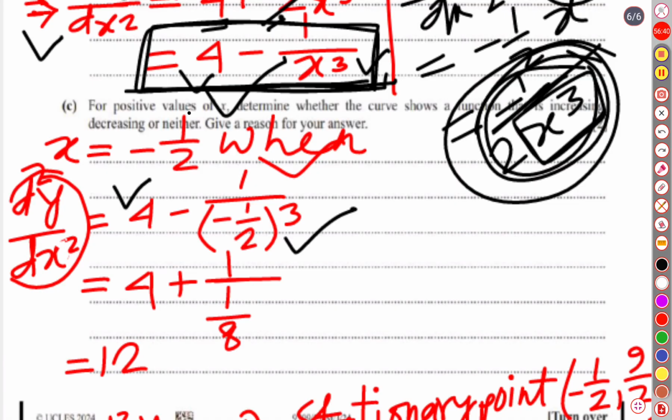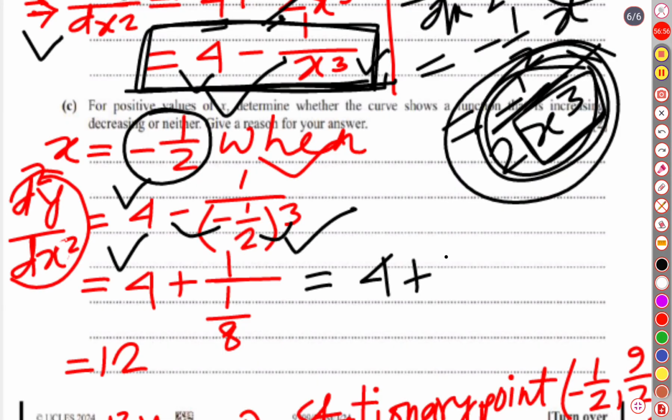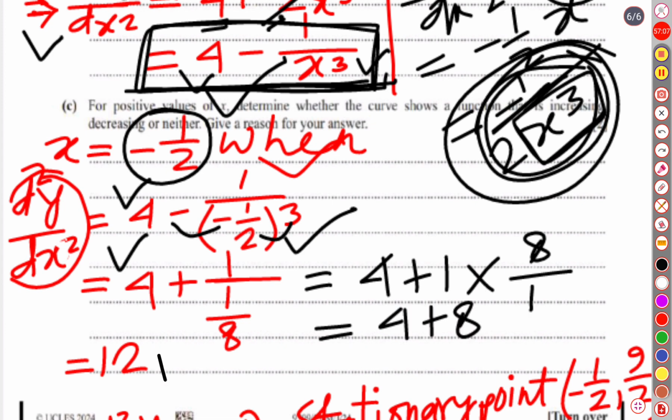The value of x is negative half. We are going to substitute this. So negative half cubed. Then it becomes 4, and this negative and this negative make it positive. 1 over 1 cubed means 1, and 2 cubed means 8. So 4 plus, 1 over the second function is inverted, so it is going to be 8. So ultimately 4 plus 8 means 12.